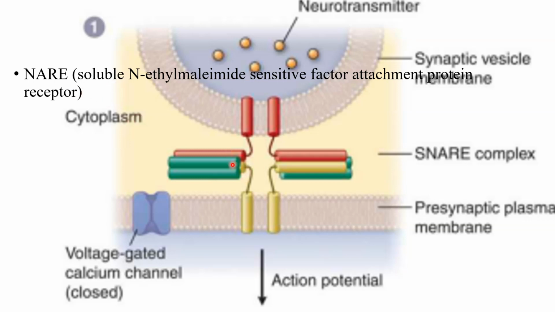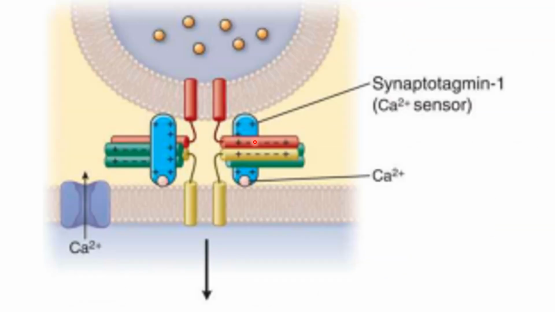You can see here, when the calcium binds, this is the synaptic vesicle. It is fixed, right? It is fixed with the SNARE complex. It is tied. Synaptotagmin 1 is the calcium sensor.